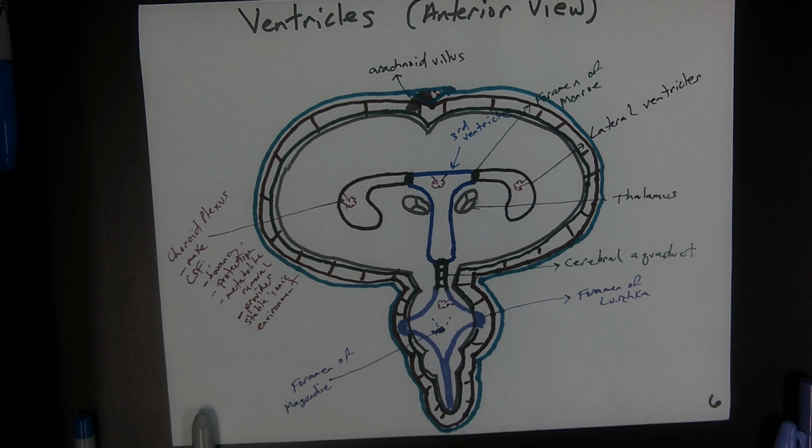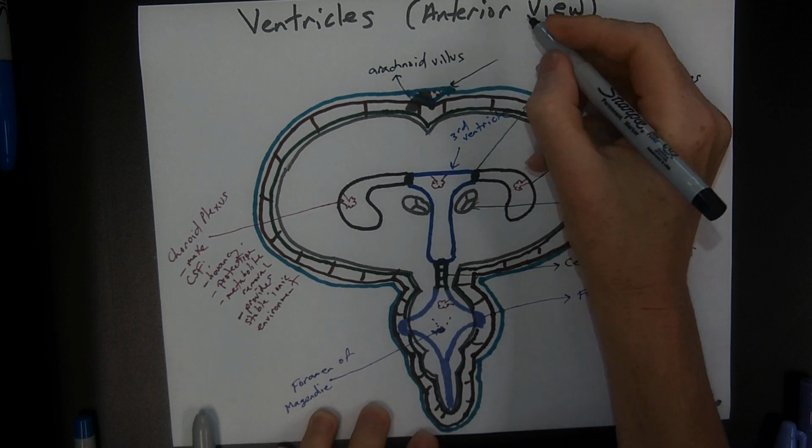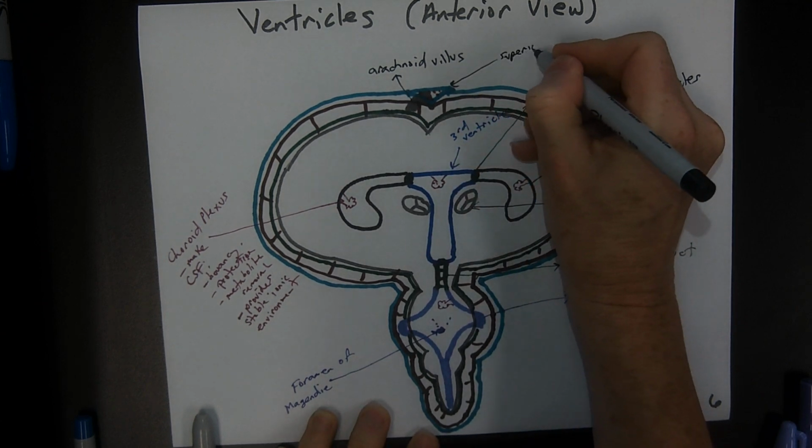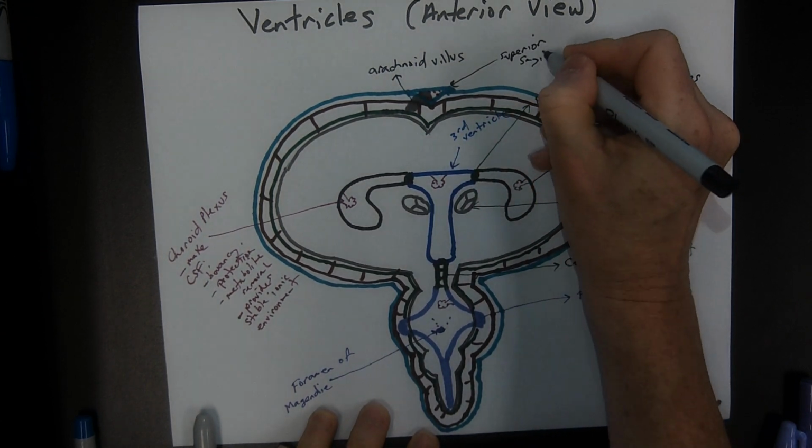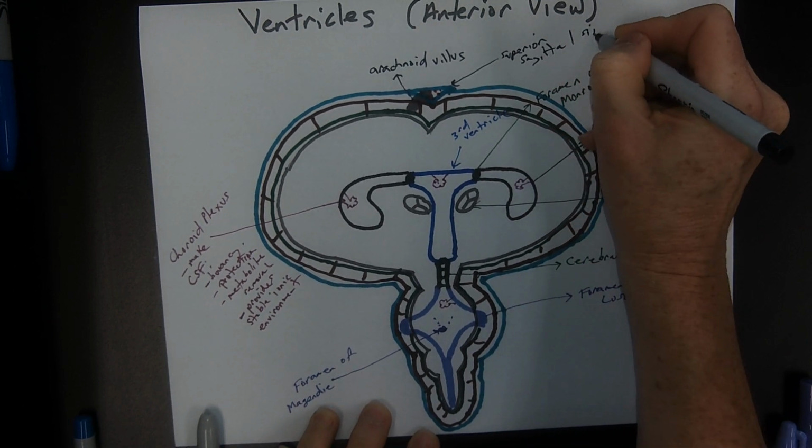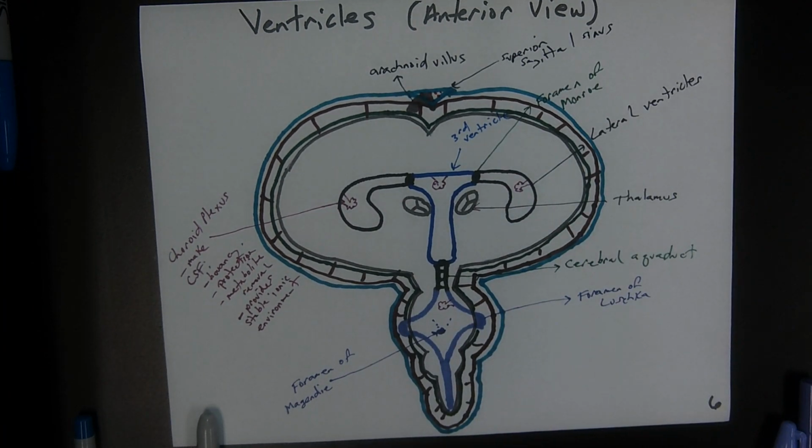Do you have a question, Laura? Or it drains into the superior sagittal sinus, this structure right here, remember? Okay. Yes? It's draining from the subarachnoid space, that area under the arachnoid mater that's maintained by the trabeculae.